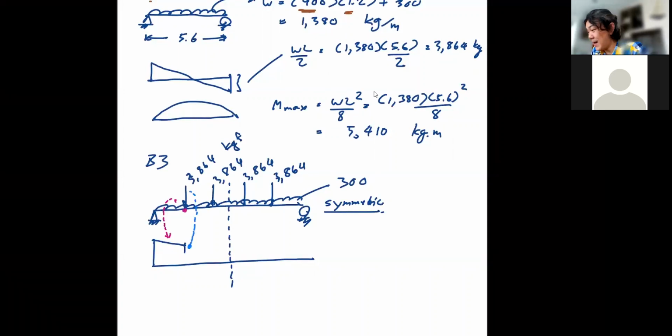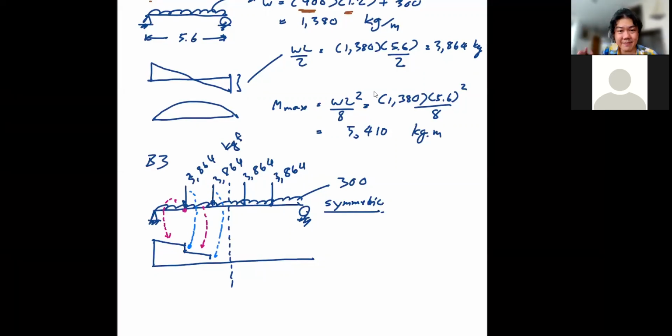right? And then things would go on because you now have the uniform load that would gradually reduce your shear force. And then another abrupt change because of this point load. Okay. This is caused by uniform load.